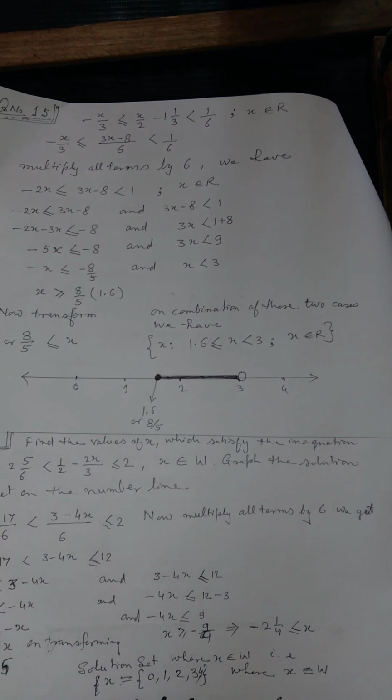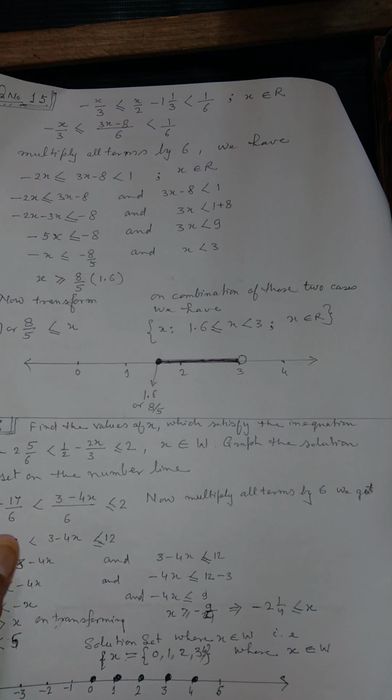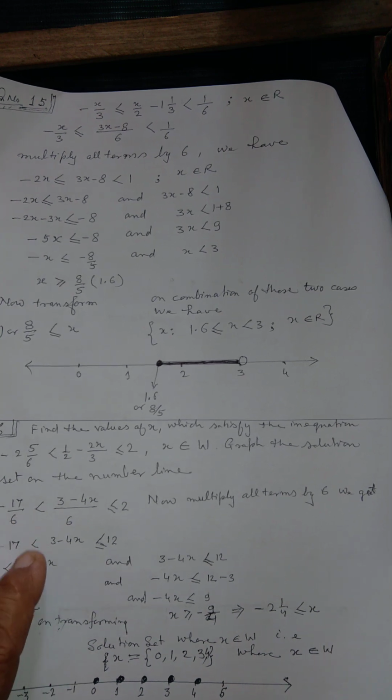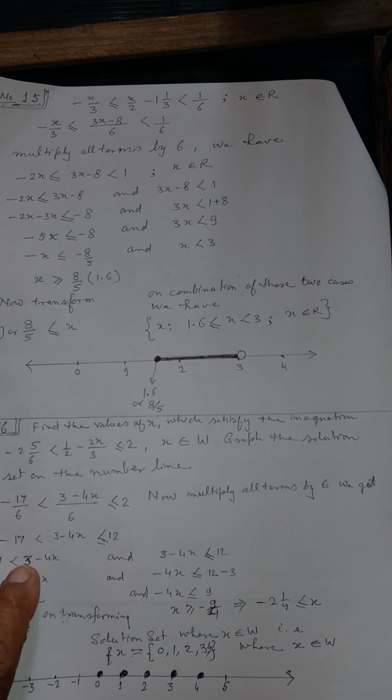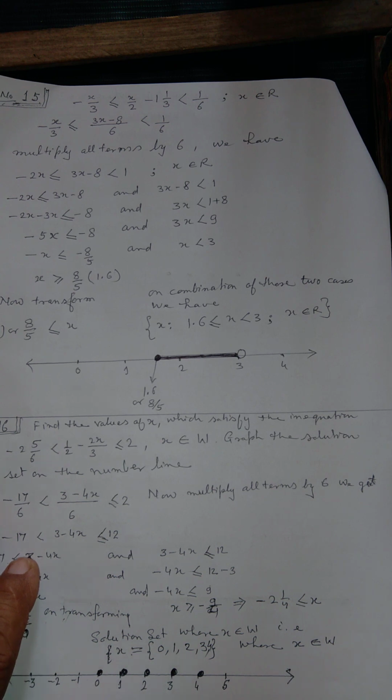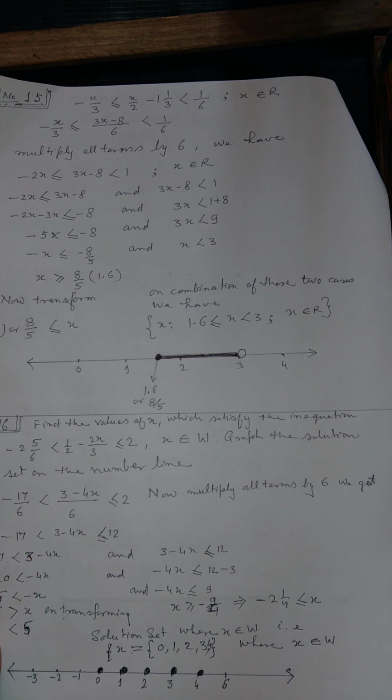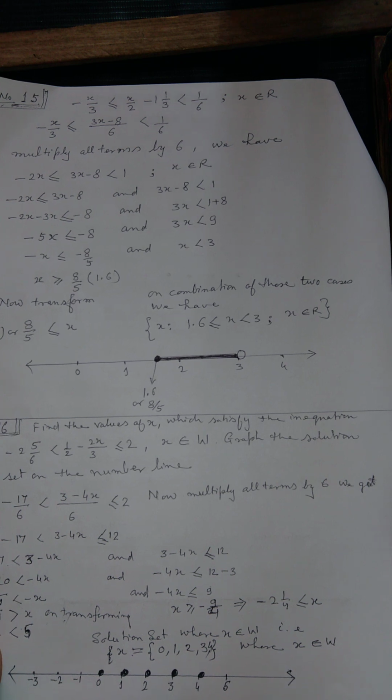Write the solution set and represent it on the number line: minus x by 3 less than or equal to x by 2 minus 1 and 1 by 3 less than 1 by 6, where x belongs to real number.